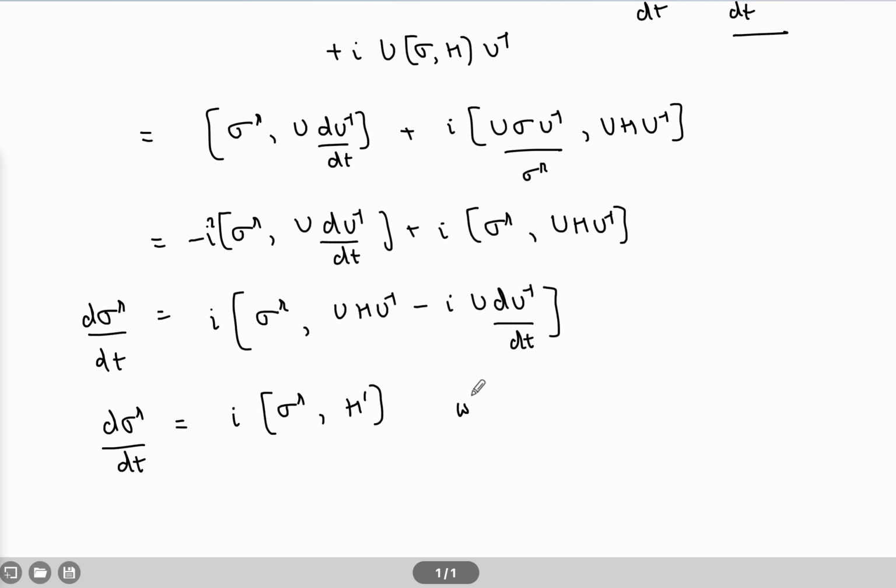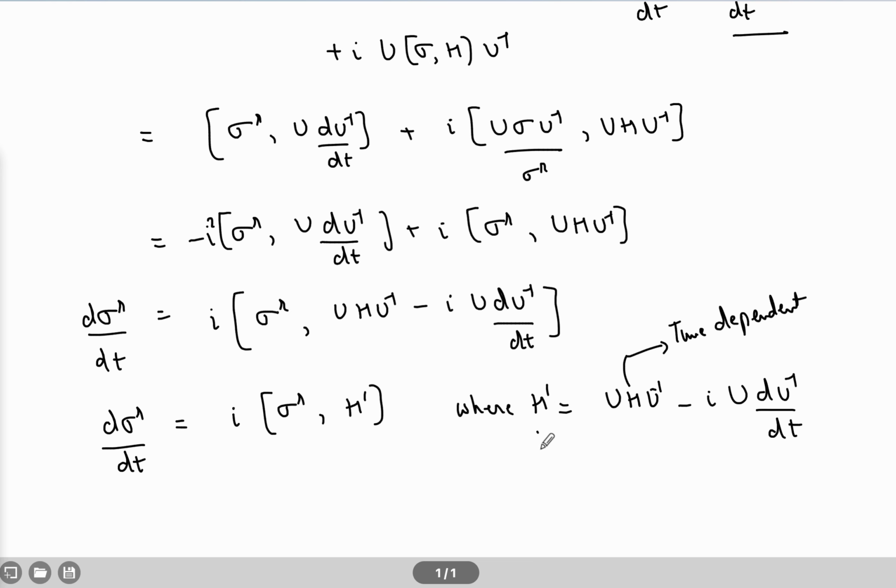Where h prime is nothing but U h U inverse minus I U dU inverse/dt. Now if I have a unitary operator which can take h from time dependent to time independent, here h is time dependent and this h prime is time independent.